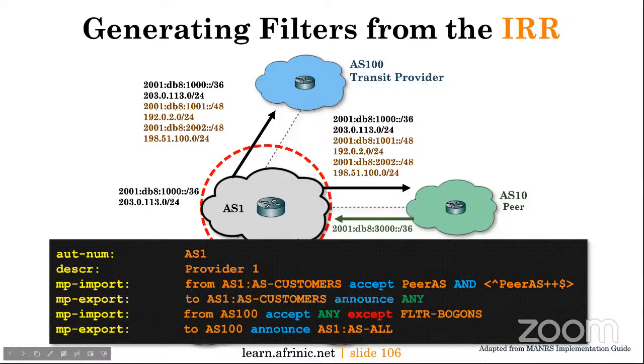So here, what are we importing? If you remember in the previous slide from AS1, this is the AS set for our customers. What are we accepting from them? Now, this is a keyword in RPSL which we didn't discuss, but it's basically used for your peers.